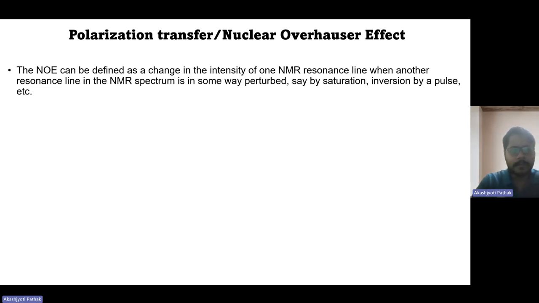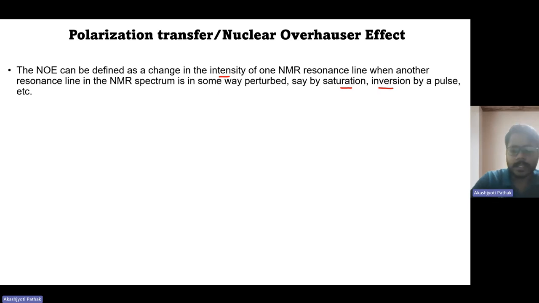It can be defined as a change in the intensity of one NMR resonance line when another resonance line in the NMR spectrum is in some way perturbed, say by saturation or inversion by a pulse. These are techniques in which the nuclear spin of one of the nuclei can be perturbed by another nucleus.